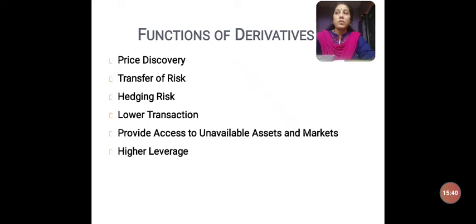Then you've got transfer of risk. Derivatives are used for transferring the risk from one party to another, that is, from the buyer of a derivative product to the seller. It is an effective risk management tool that transfers the risk from those having a low risk appetite to those having a high risk appetite. In the future and forward example I gave you, in the transaction between A and B, A is at risk of not finding a right customer when his mangoes are ripe.